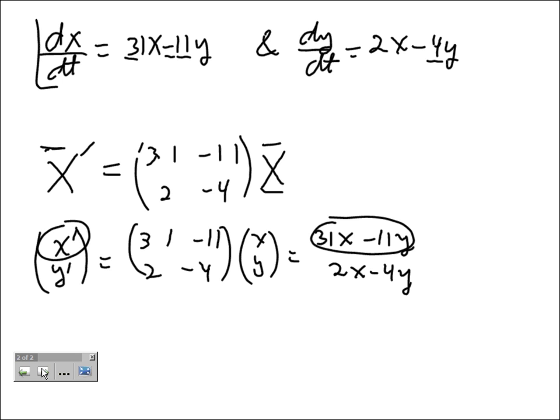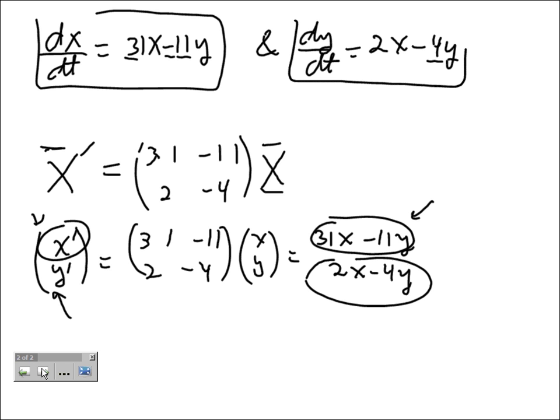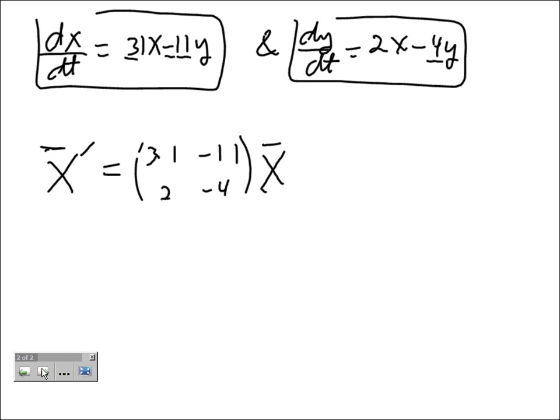Remember, x prime is just dx/dt, and it equals 31x minus 11y, and dy/dt is equal to this, just like it said. So the answer, writing that top system of equations in matrix form, there is your answer.